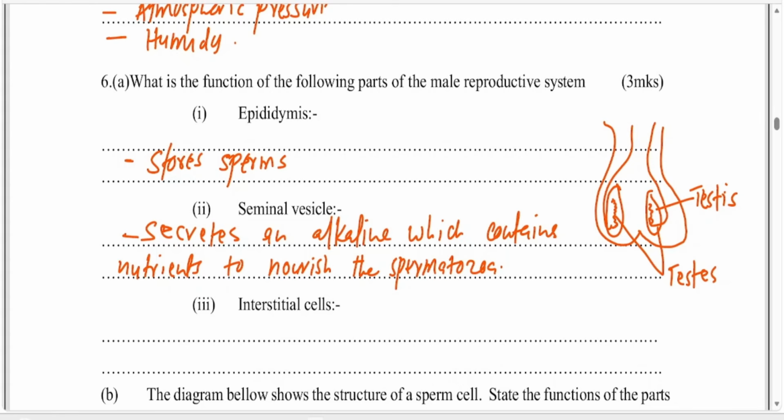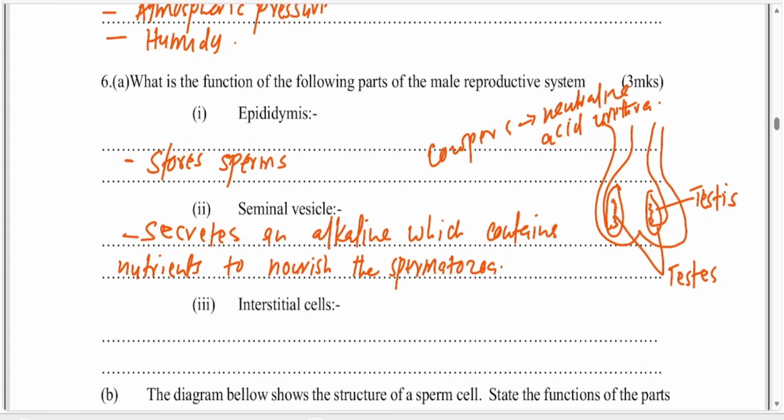So this one secretes an alkaline fluid to neutralize the acidic urethra of the male.